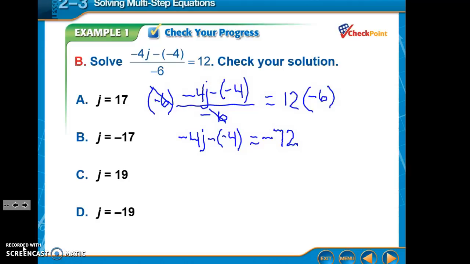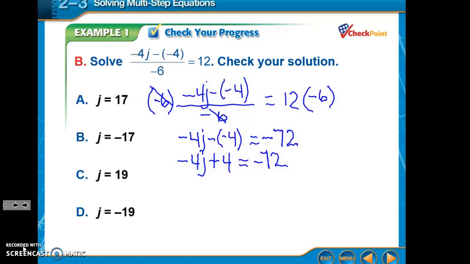When we have two negatives, they become what? Positive. So we have negative 4j plus 4, and I'm just dealing with the negatives there. You can either say I'm subtracting a negative 4, or you can distribute, and when you take a negative times a negative, it is positive. Alright, so now I have negative 4j plus 4 equals negative 72.